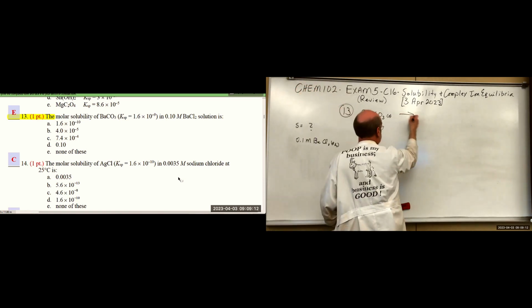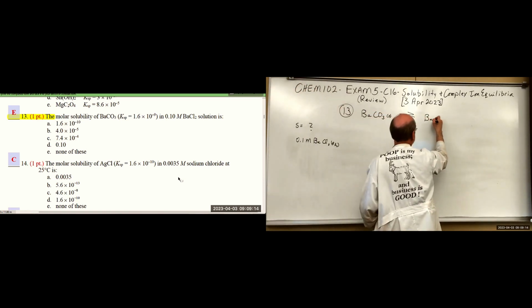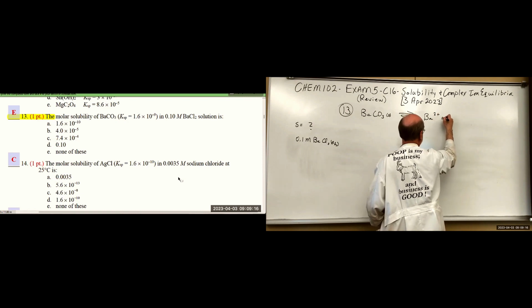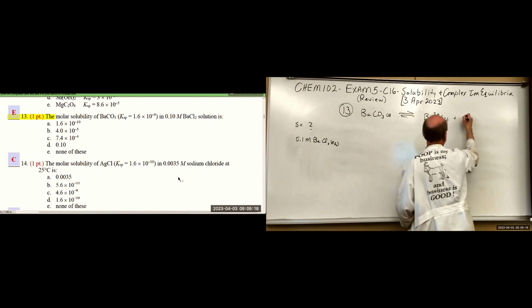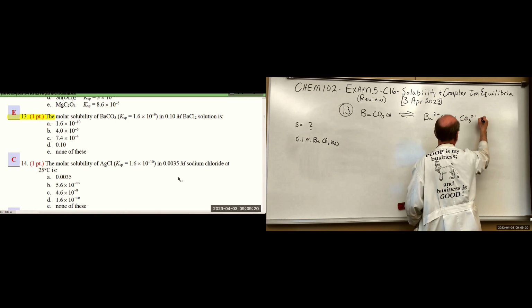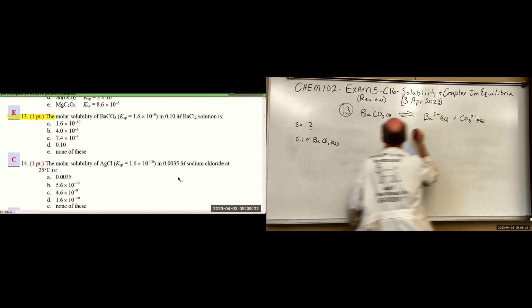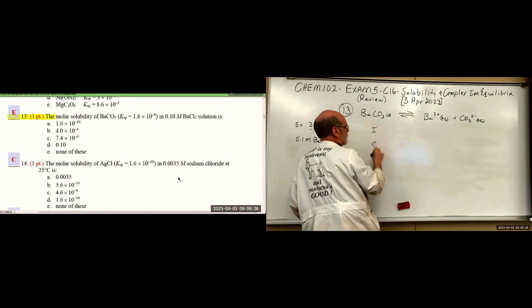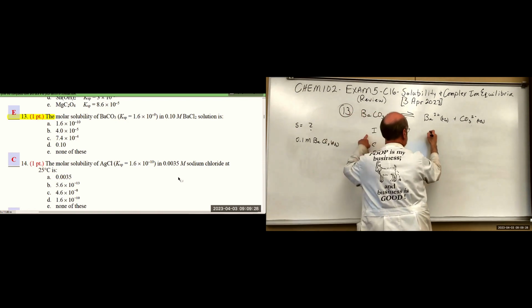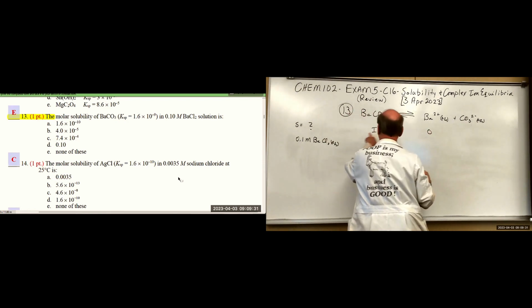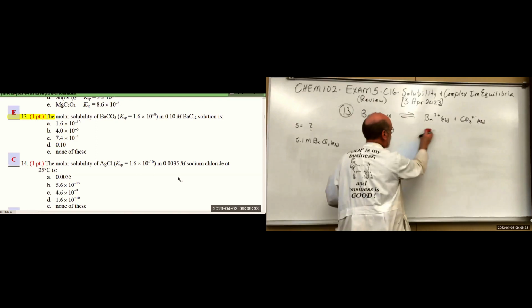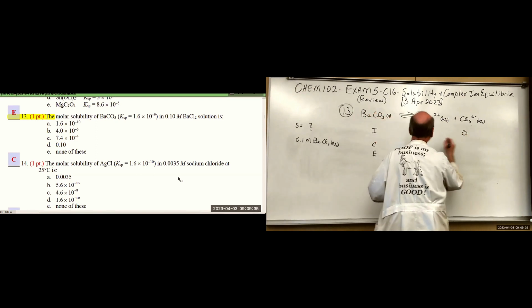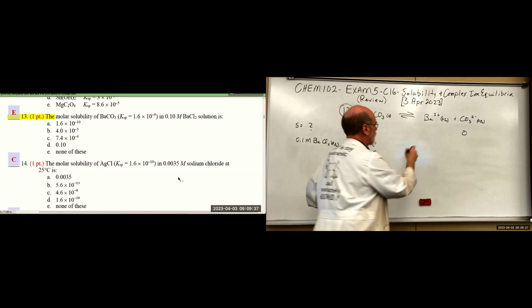Okay, so here's what we've got going. We've got this barium again and carbonate. And if we set up our ICE table, we find that initially we have no carbonate, but we do have barium, 0.1 molar.